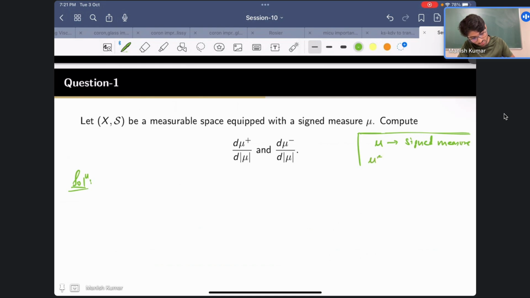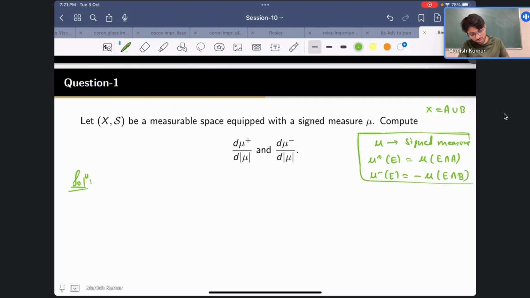You define mu plus of E to be mu of E intersection A, where this A and B are coming from the Hahn decomposition, and mu minus of E you defined as minus of mu of E intersection B. So this was the definition.